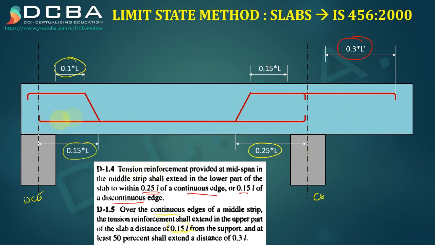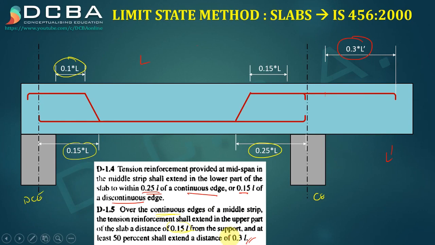So the span of this first slab is L, the span of the next slab is L dash. So 0.3 times this L dash has to be extended here. From this point to this point is 0.3 times L dash, and this is the same bar of this tension reinforcement. So this is that clause.